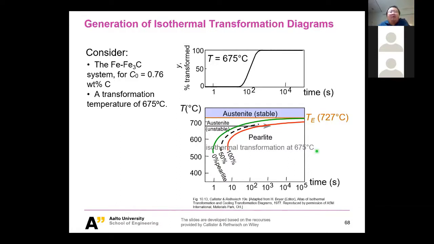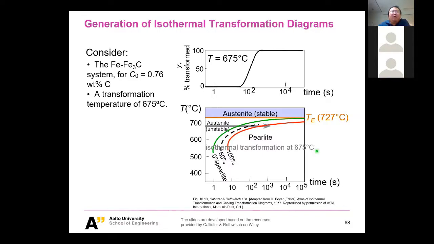Now you have already understood, let's say, at different temperatures, we just saw a few different temperatures, you would see how long our material will take to get a full transformation. Yeah, but how can we express them?